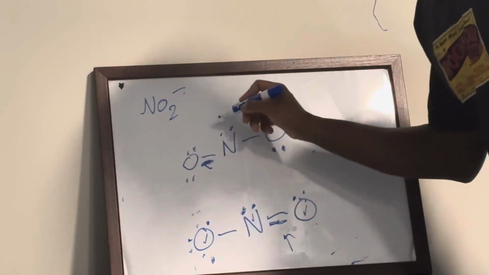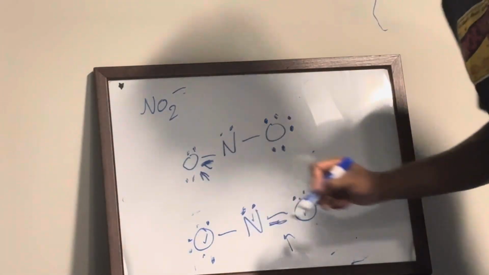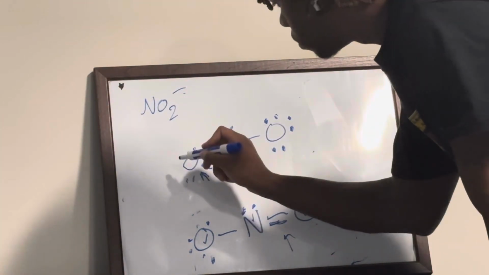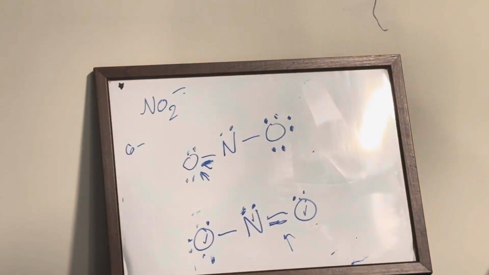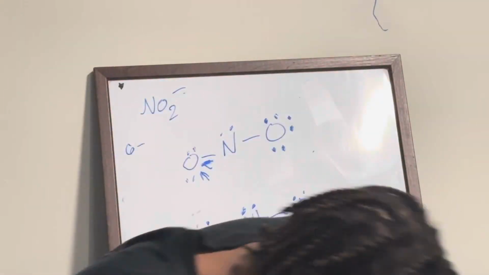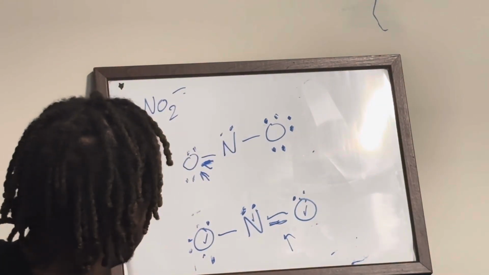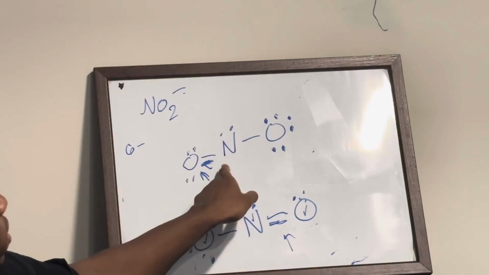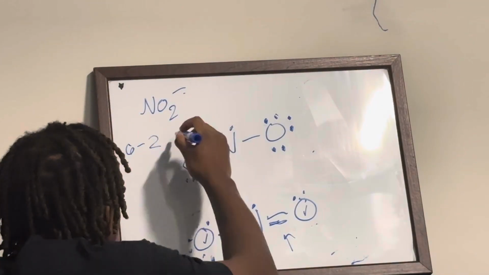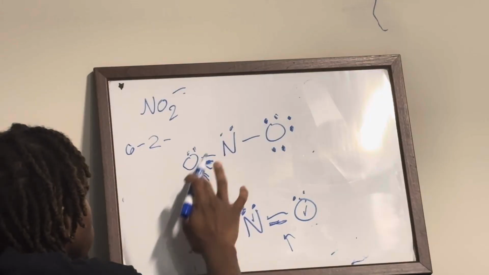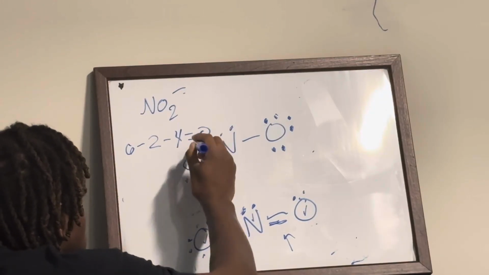So for this oxygen right here, we are going to do 6 minus 2 minus the 4 electrons here, and that's going to give us 0 for this one.